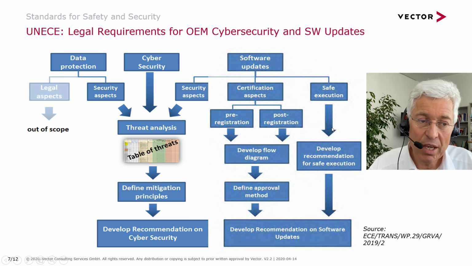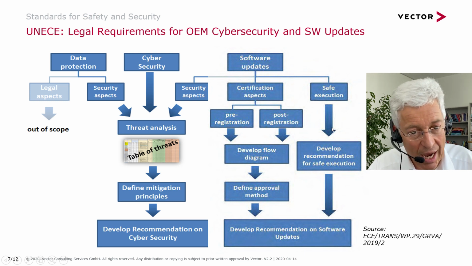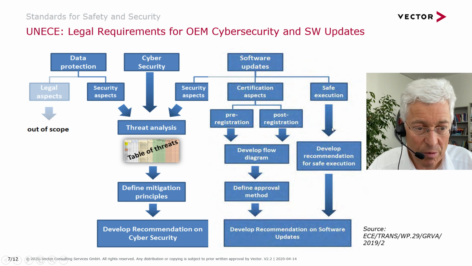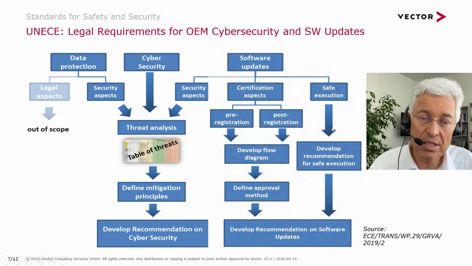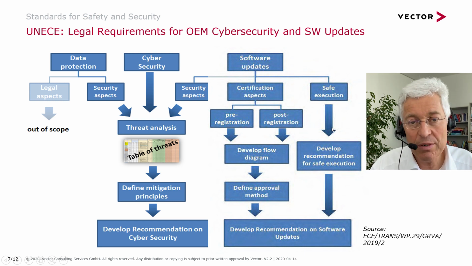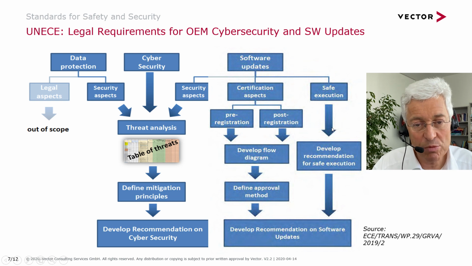A very recent evolution is from Working Group 29, which has suggested two standards to be used. One, here on the left side, is about cybersecurity. Another one is about software update management.